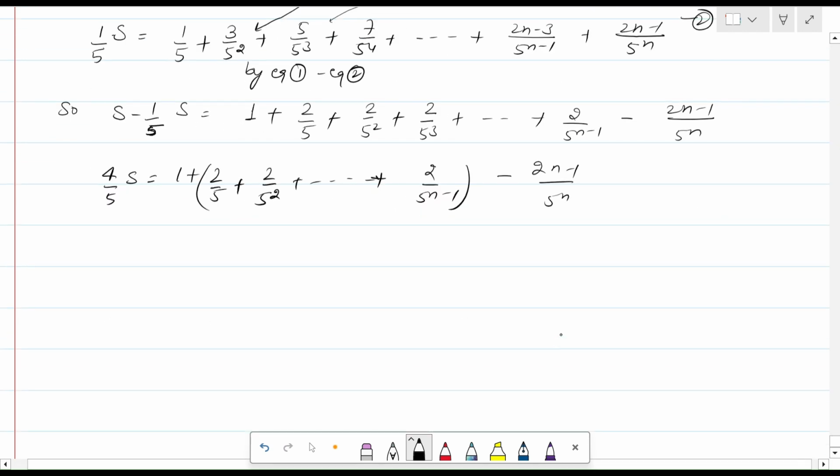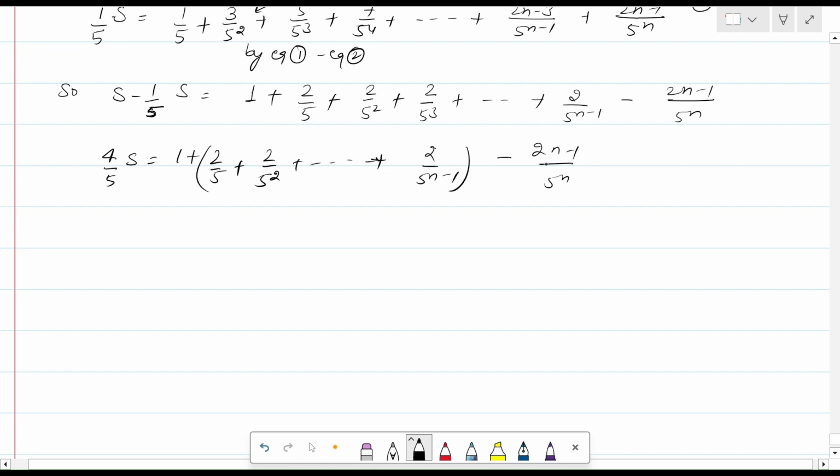Okay, so this is a GP, then the sum of the GP. A, what is r? r is 1 by 5, and how many terms in this? n minus 1.